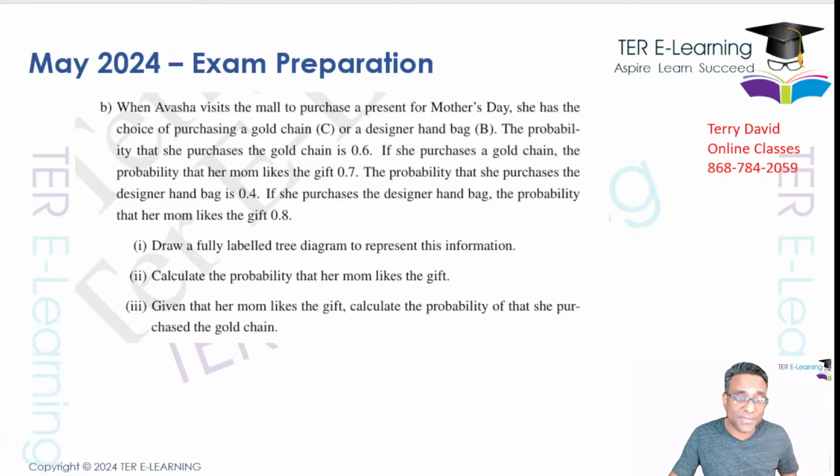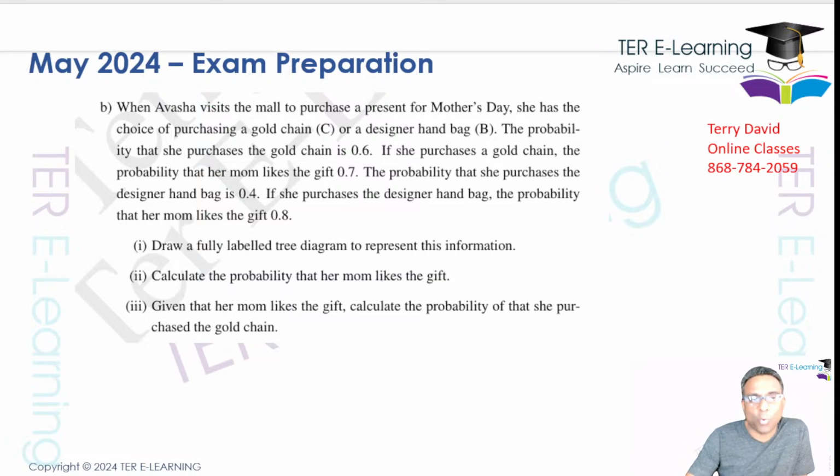So Mother's Day just finished, so I set up a question regarding Mother's Day. When Avasha visits the mall to purchase a present for Mother's Day, she has the choice of purchasing a gold chain or a designer handbag. The probability that she purchases the gold chain is 0.6.